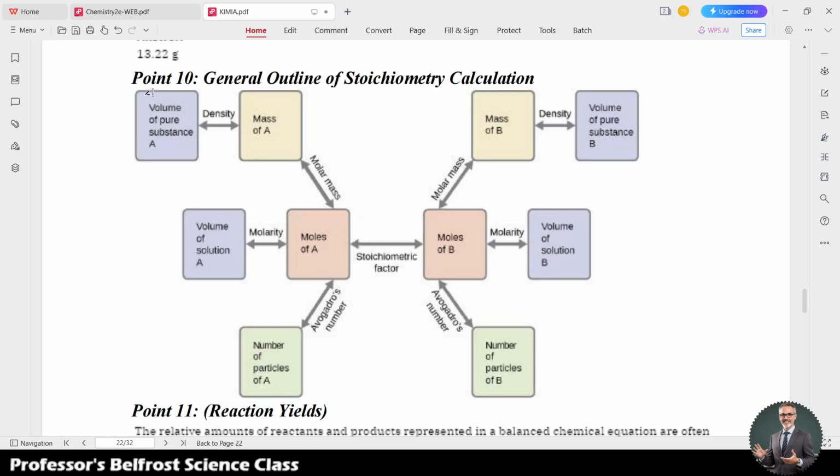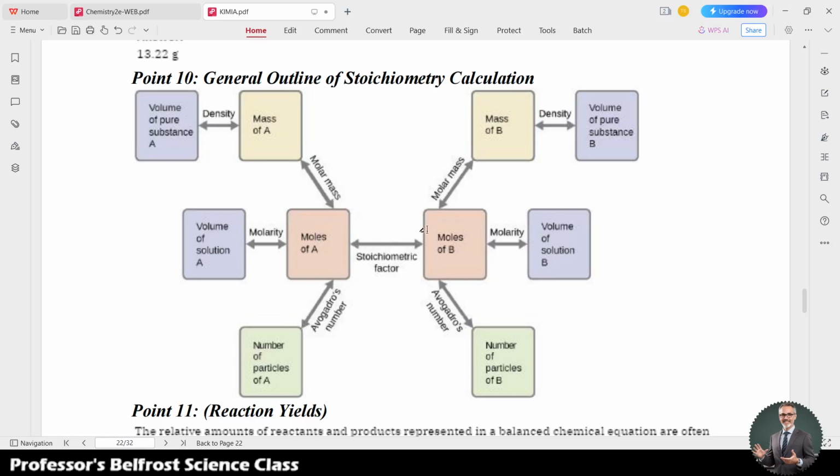So you see, if we are given the volume of pure substance A and density, we get the mass of A. With molar mass, it can be used to get moles of A. Volume of solution A is related by molarity. Number of particles of A connects with moles by the Avogadro number.